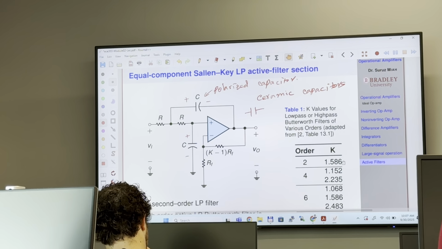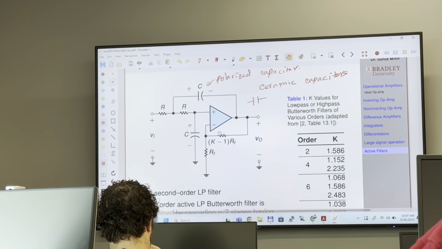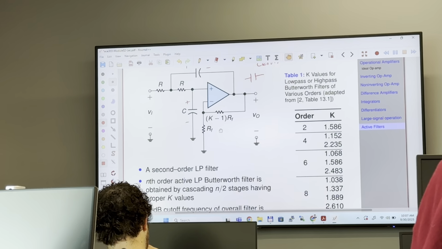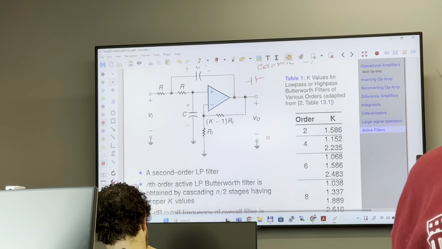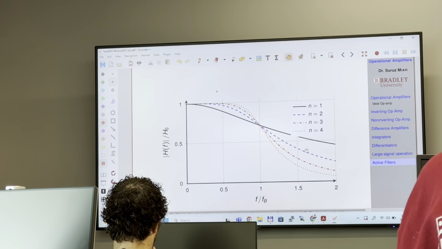So we have this K value in the resistor network. The value of this resistor is going to be K minus 1 times RF. So you choose a certain value of RF, and this resistor value is going to be K minus 1 times RF. And this K value depends on the order: first order, second order, third order.